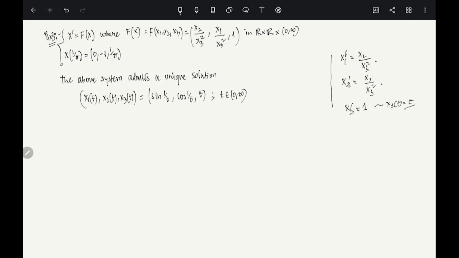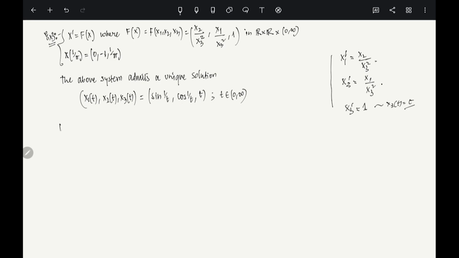So this is there. Now you see this particular problem. Yes, for this solution to work, t has to be between 0 and infinity. Yes, that is given, right? Because otherwise, if t is 0, this sine and cosine, the first coordinate and second coordinate, do not exist, right?